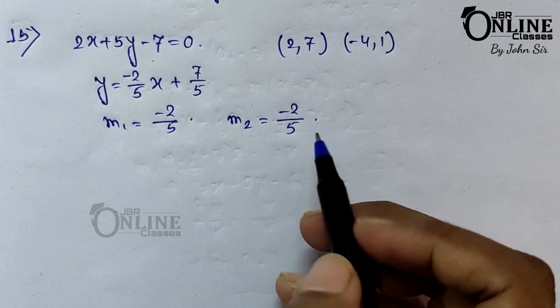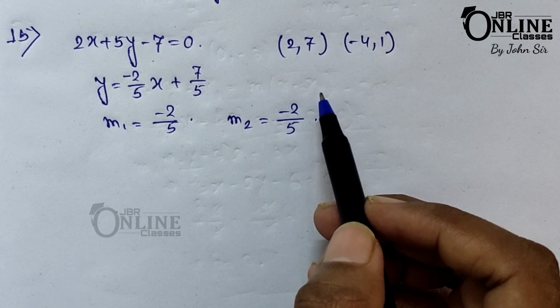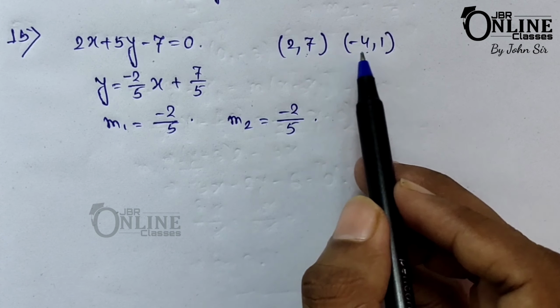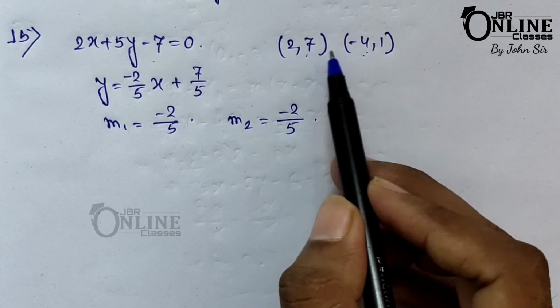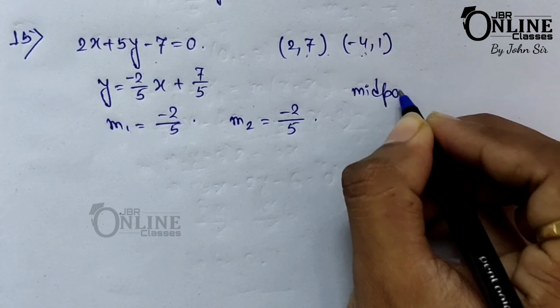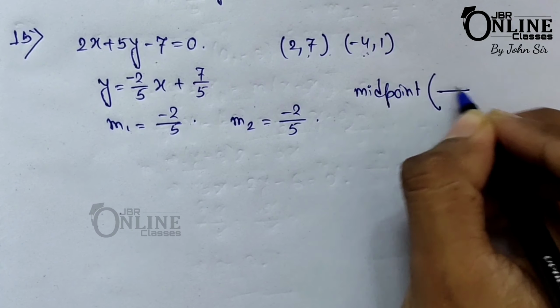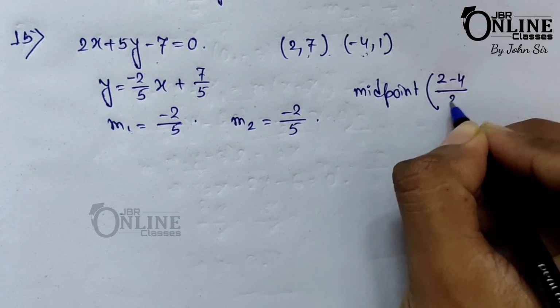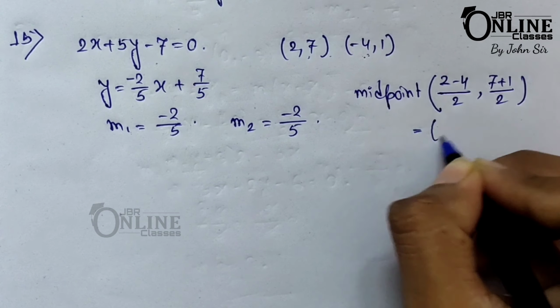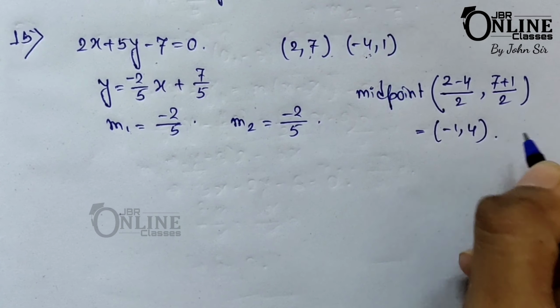The next thing is you have to find out the midpoint of the line segment joining these 2 points. So first find out the coordinates of the midpoint. The coordinate of the midpoint equal to 2 minus 4 by 2 comma 7 plus 1 by 2. So that means it's minus 1, 4. So minus 1, 4 is the midpoint.